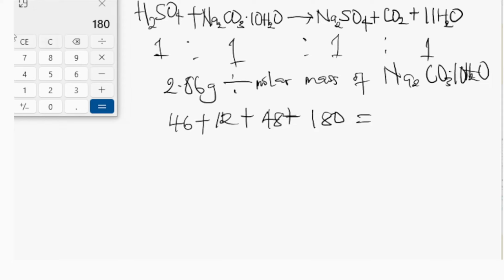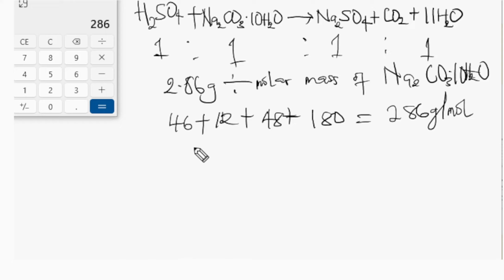So let's add up everything. We have 46 plus 12 plus 48 plus 180, and that's 286. So this is 286 grams per mole, and that's the molar mass of sodium trioxocarbonate 4 decahydrate.